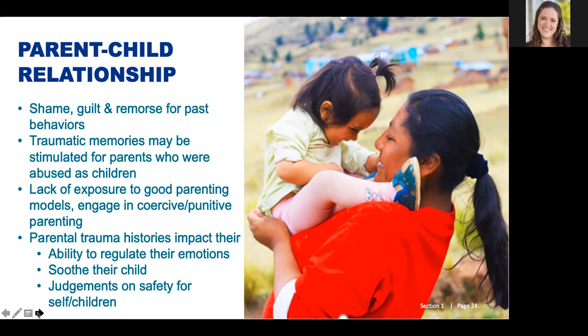And so as the parents begin to step into recovery, they are going to need a lot of supports. And we have to have a really deep understanding, not just of their trauma, but understanding that there is some remorse and guilt and shame about their neglect or their behaviors, maybe even abusive behaviors while they were using.